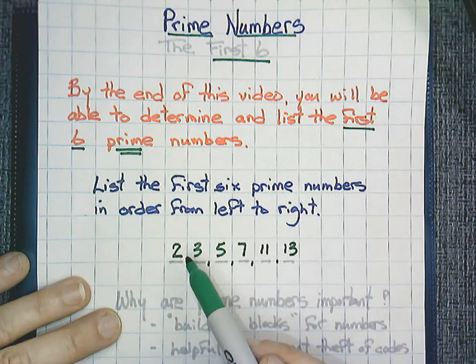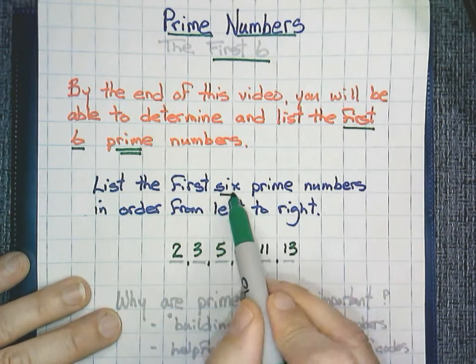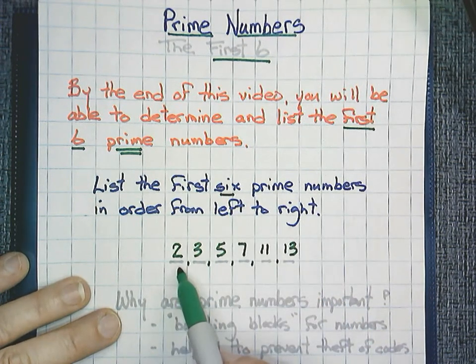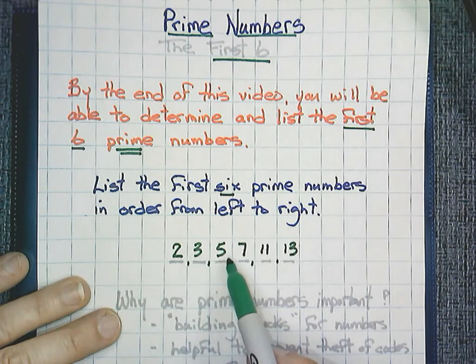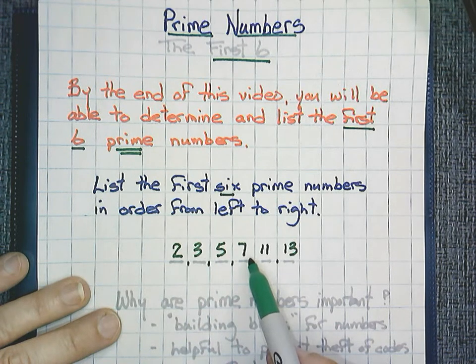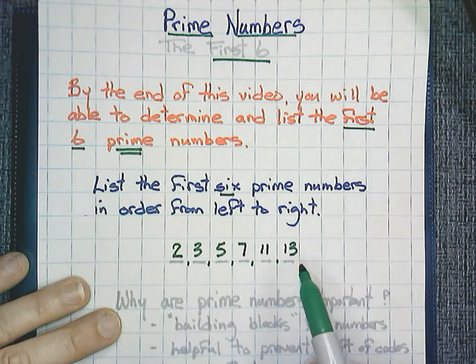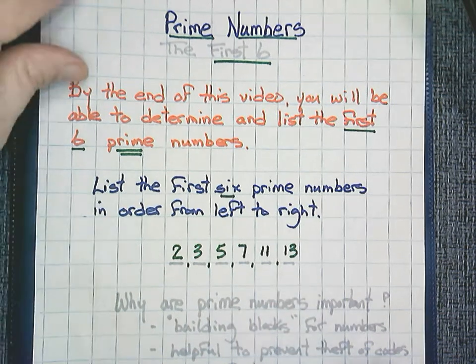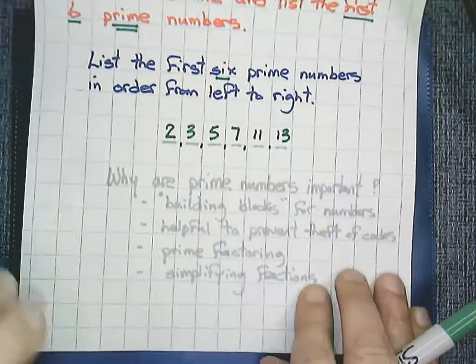So again, our first 6 prime numbers are 2, 3, 5, 7, 11, and 13. While that seems odd, I'll explain why that's important later.